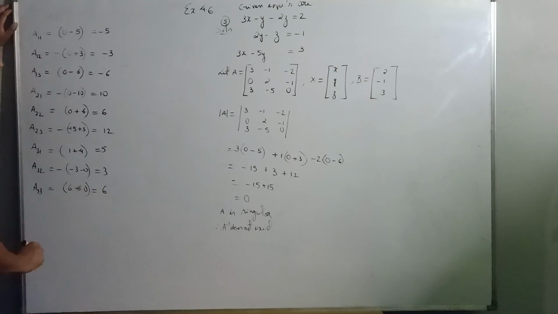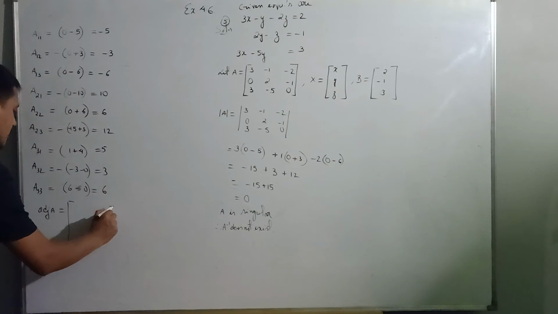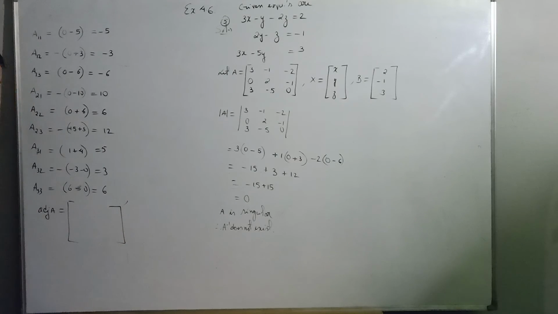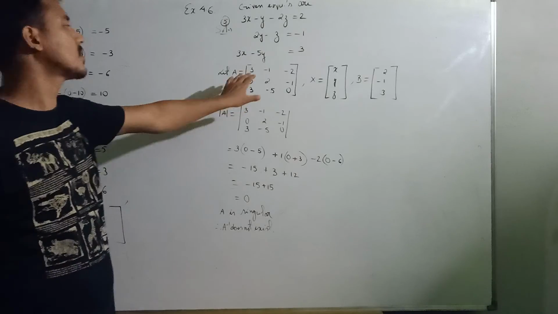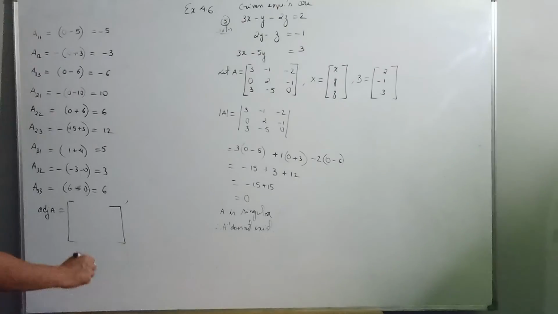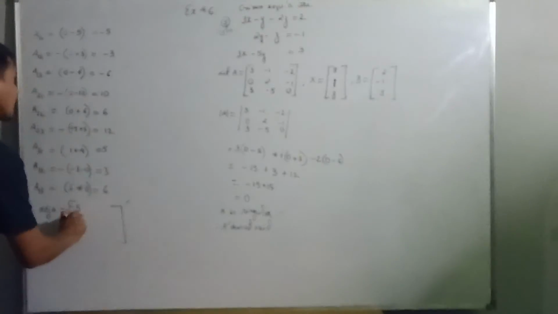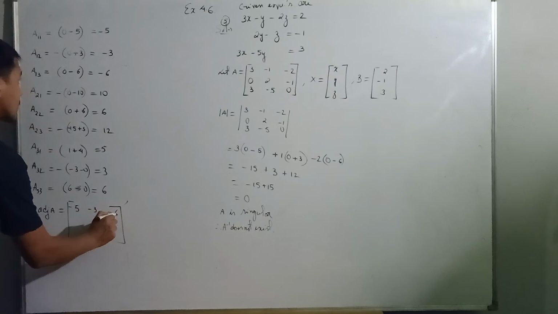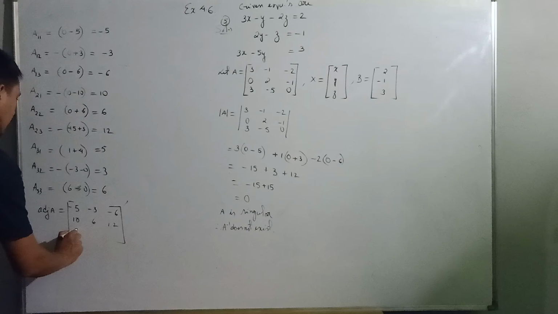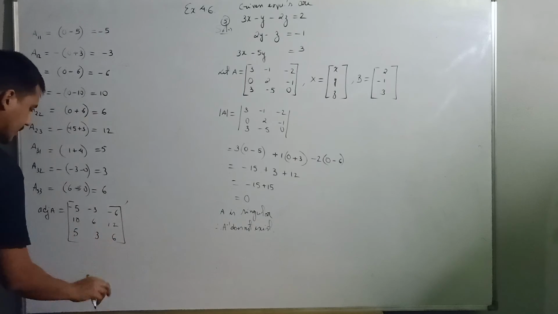That is 6. Therefore, the adjoint of A will be the transpose of the cofactor matrix of the elements: minus 5, minus 3, minus 6, 10, 6, 12, 5, 3, and 6.